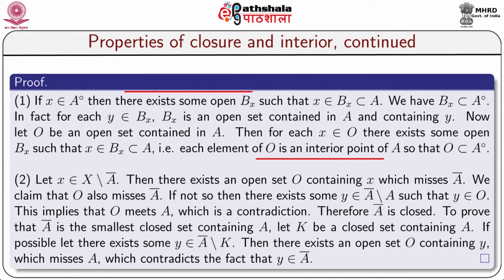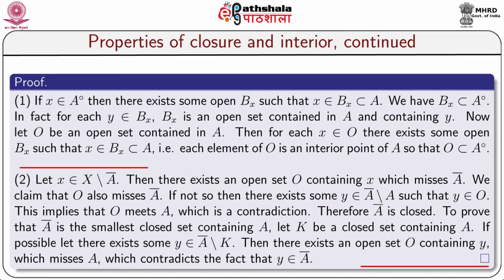In fact, for each Y belonging to B, B is an open set contained in A and containing Y. Now let O be an open set contained in A. Then for each X belonging to O, there exists some open set B such that X belongs to B contained in A. This follows from the definition. That is, each element of O is an interior point of A, so that O is a subset of A interior.